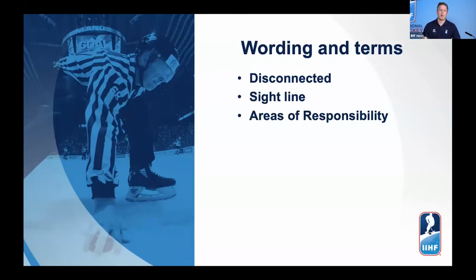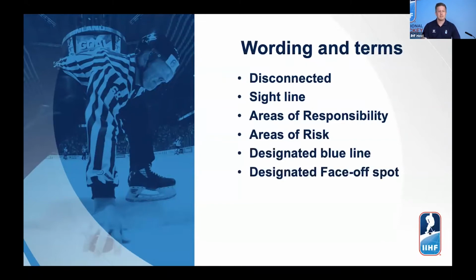We will talk a lot about the areas of responsibility, not only between referee and referee, linesperson and linesperson, but also areas of responsibility as a team. We will come across the wordings around areas of risk, things that can happen around our game as the game is being played or in stoppages of play. As I mentioned earlier, designated blue line and designated face-off spot will also be critical wordings that are important to understand to be able to implement this from a theoretical way to a practical way.